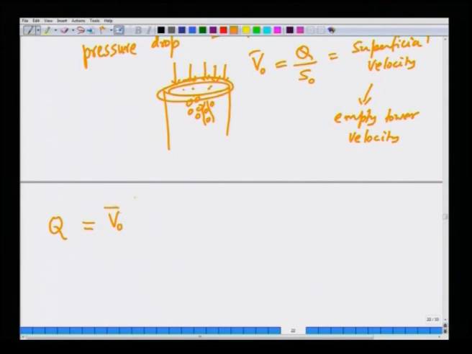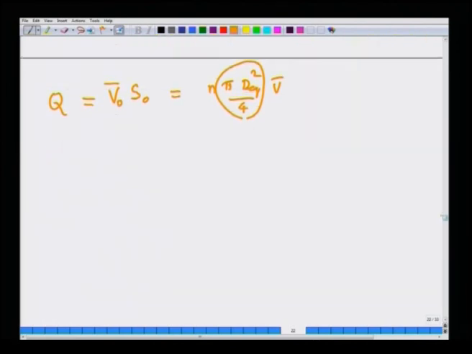So, Q naught is V naught times S naught. Now, that is simply equal to n times pi d equivalent squared by 4 times V, because this is the volumetric flow rate in these n tubes. Each tube has this cross-sectional area, and there are n such tubes. So, V becomes 4 V naught S naught divided by n pi d equivalent squared.